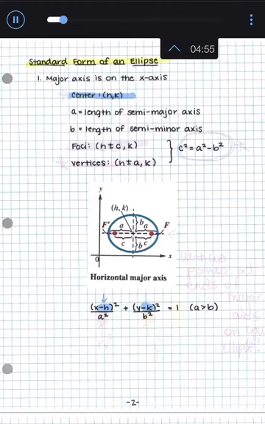If it's a negative with the y's, you're going to, again, do the reverse. You're going to go up. So you always use the reverse of what you see with your signs. So that's what's going to make up your center and how you're going to shift your graph left or right.